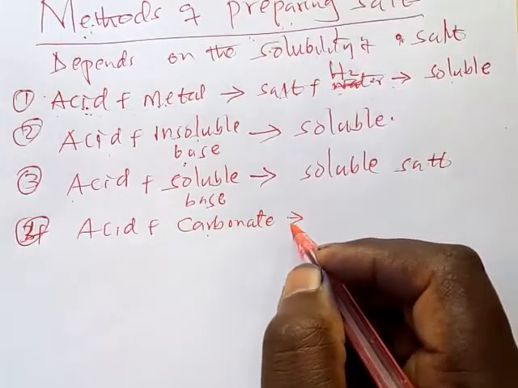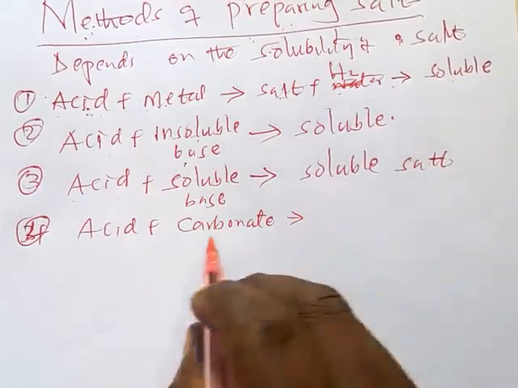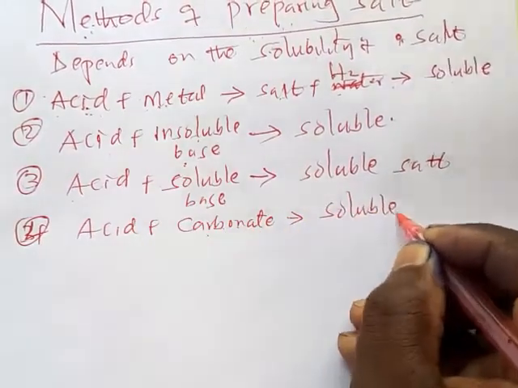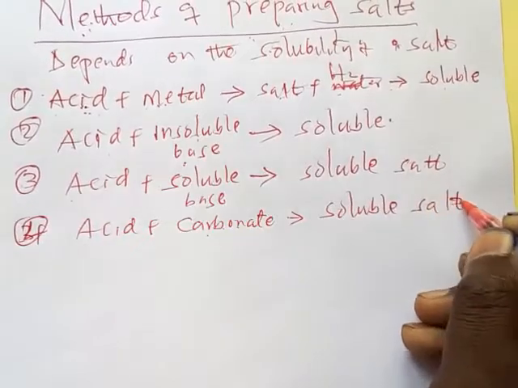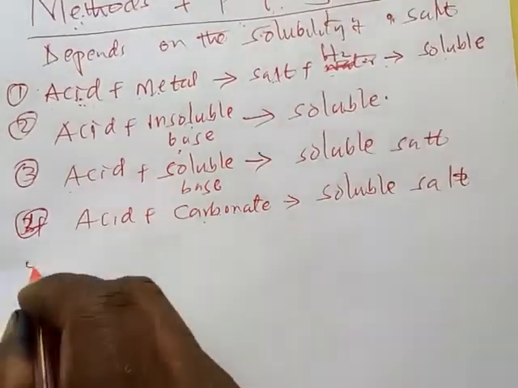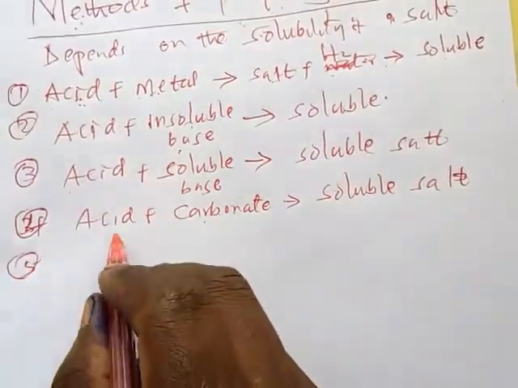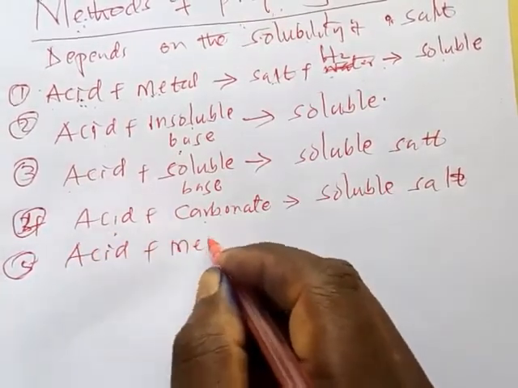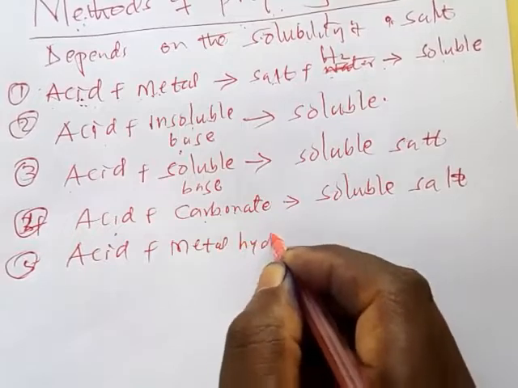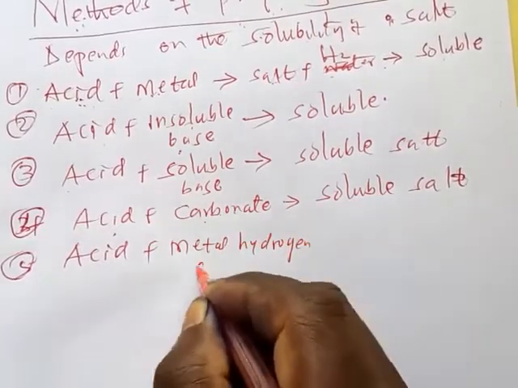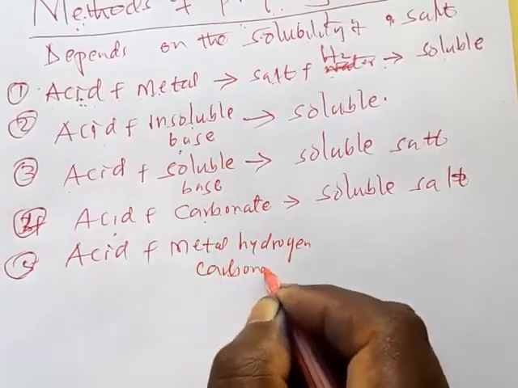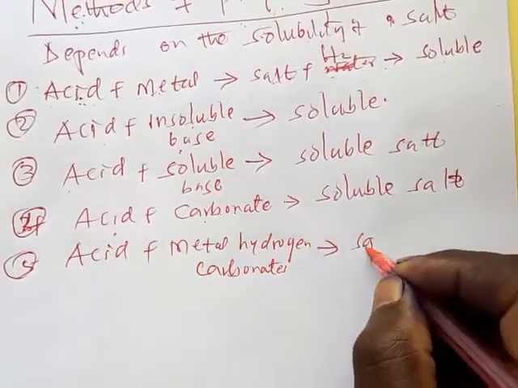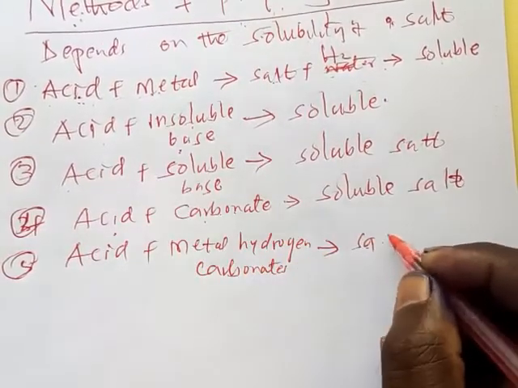The effervescence is expected. Therefore, this one also is used to prepare soluble salts. Number 5, we have acid plus metal hydrogen carbonates. Metal hydrogen carbonates will also give you salt, carbon dioxide, and water. Therefore, it is a soluble salt.